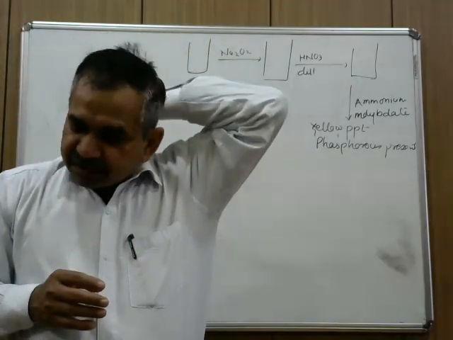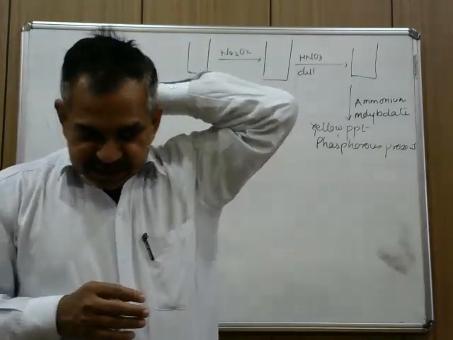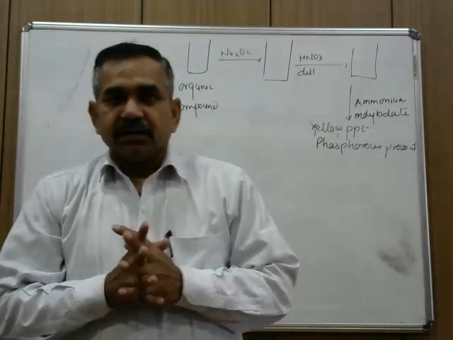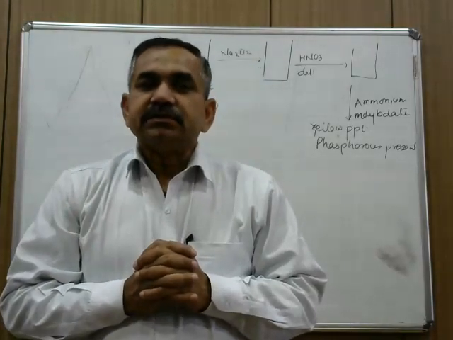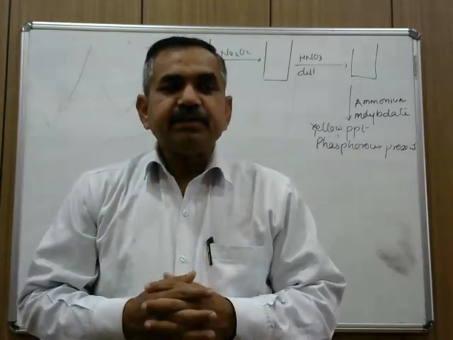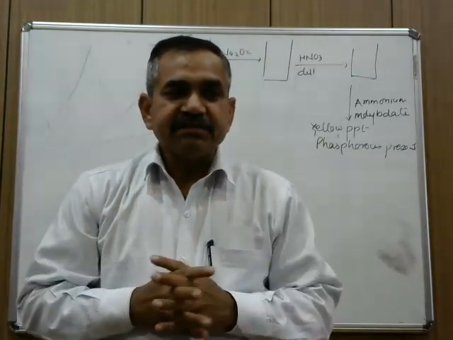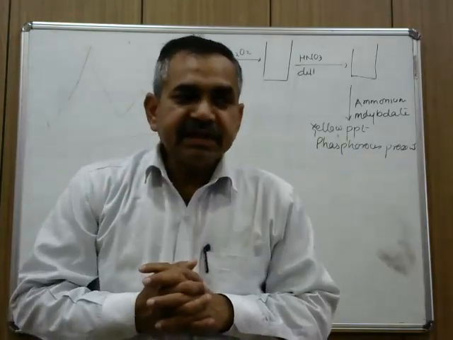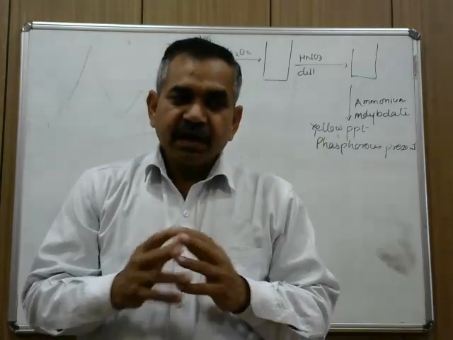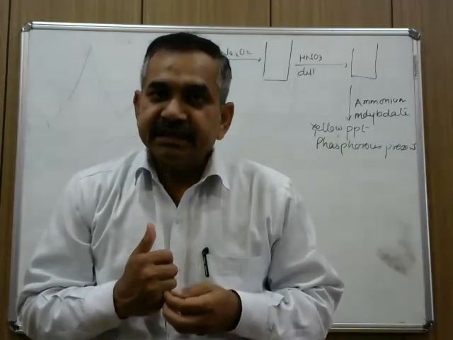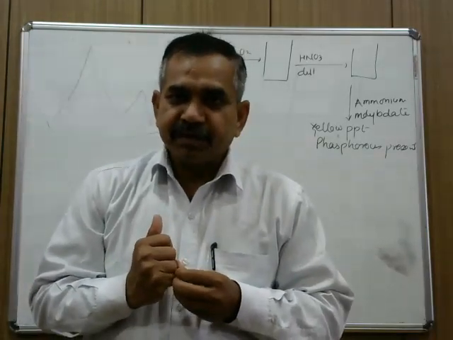So this is all about qualitative analysis, meaning how we can detect the presence of different elements in a given organic compound. Now we switch to quantitative analysis: how the percentage of different elements is determined in a given organic compound.